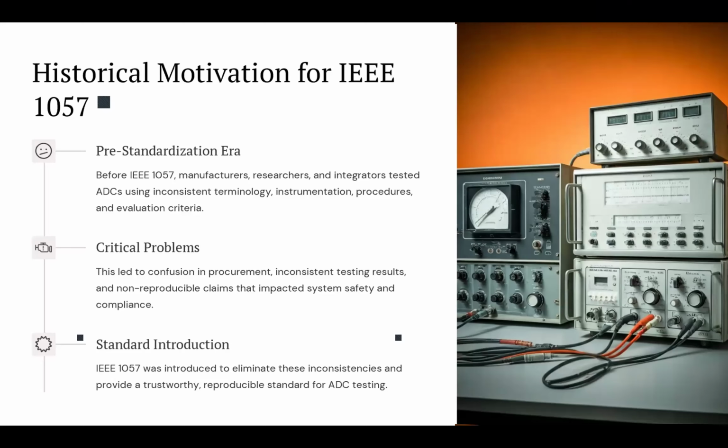So this IEEE standard basically brought a legal engineering alignment. It's very important. This is a legal engineering alignment, so it could protect buyers, developers, and even regulators.